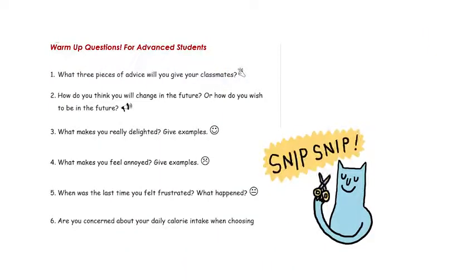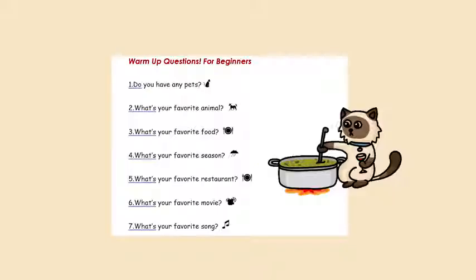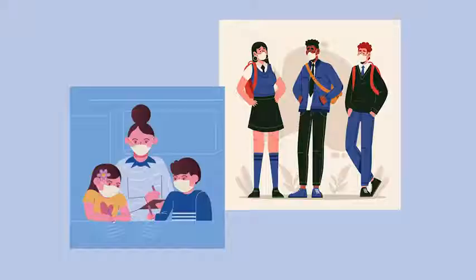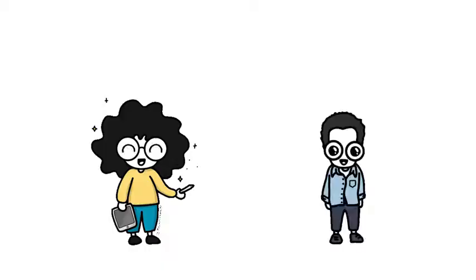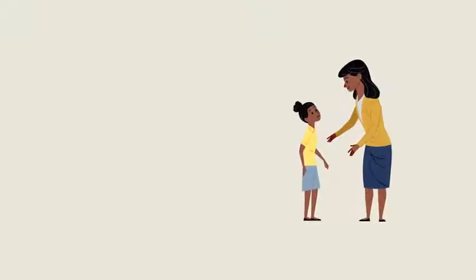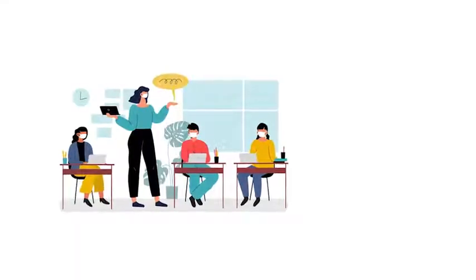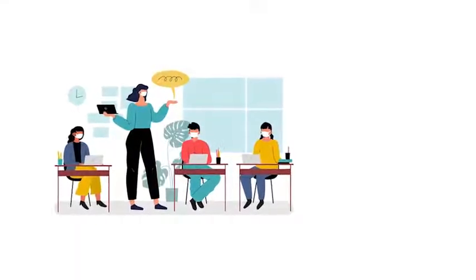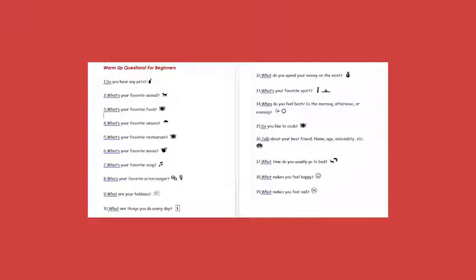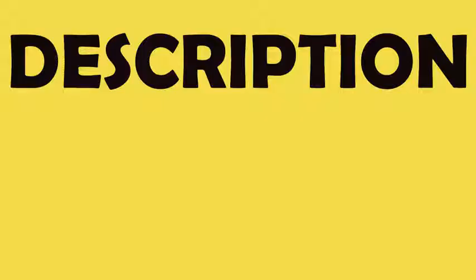Pre-COVID-19, I would cut them into strips, mix them, and ask each student to pick one. Post-COVID-19, I just ask them to pick a number and I read the question for them. It's always lovely when students share something about themselves and we get to know each other very well through their answers. If you want to use my own emergency list, the link is in the description below.